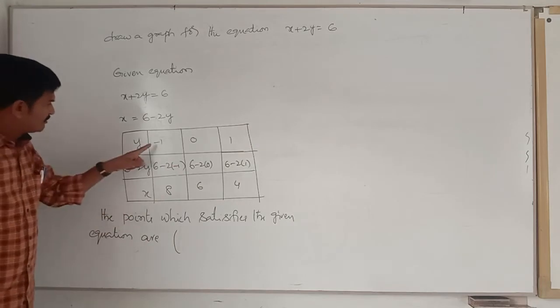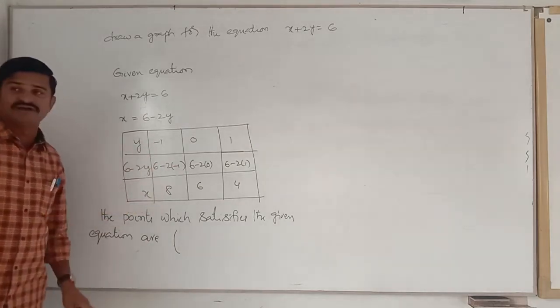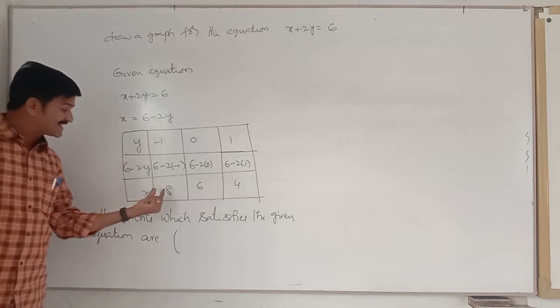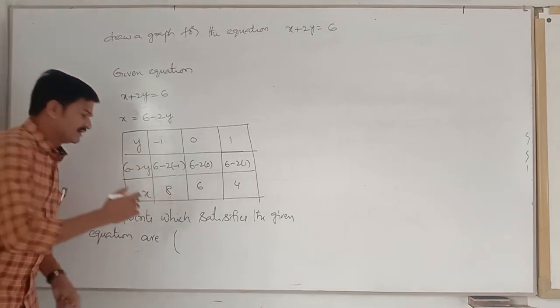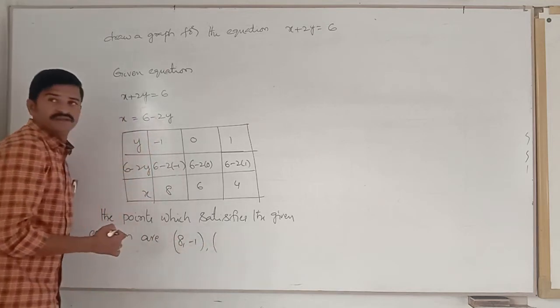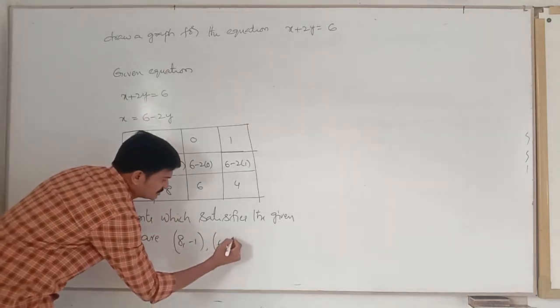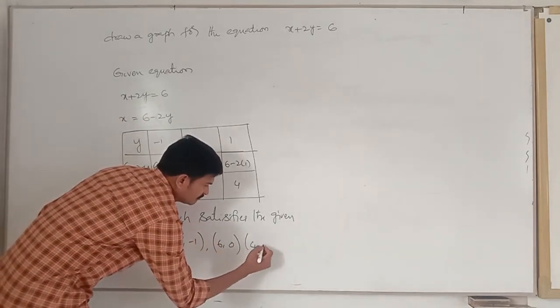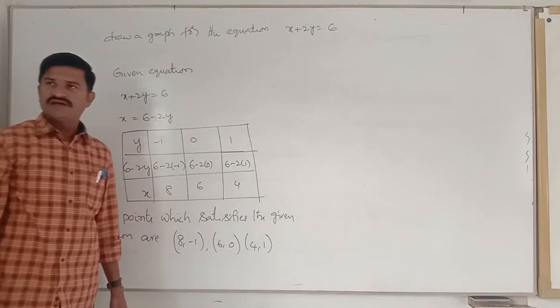Will you say minus 1 comma 8 or 8 comma minus 1? We write 8 comma minus 1, because the x coordinate is written first. Another one is 6 comma 0, and another one is 4 comma 1. Are you clear?